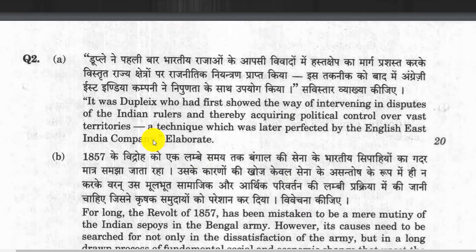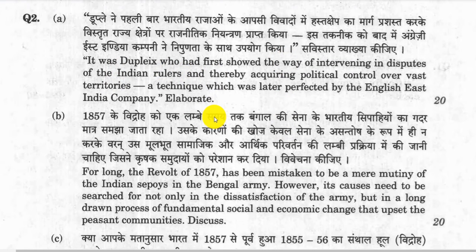Next question: it was Dupleix who showed the way of intervening in disputes of the Indian rulers and thereby acquiring political control over vast territories, a technique later perfected by the English East India Company. Elaborate. For long, the revolt of 1857 has been mistaken to be a mere mutiny of the Indian sipahis in the Bengal army.